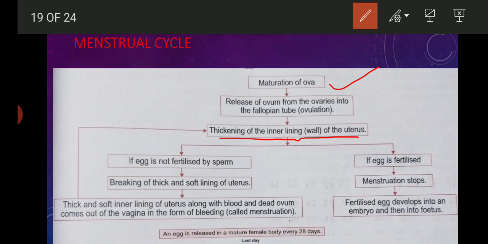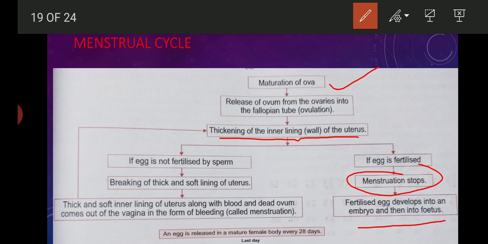If the egg gets fertilized, then the menstruation stops and it results in pregnancy, and the zygote develops into an embryo, and the embryo develops into a fetus.